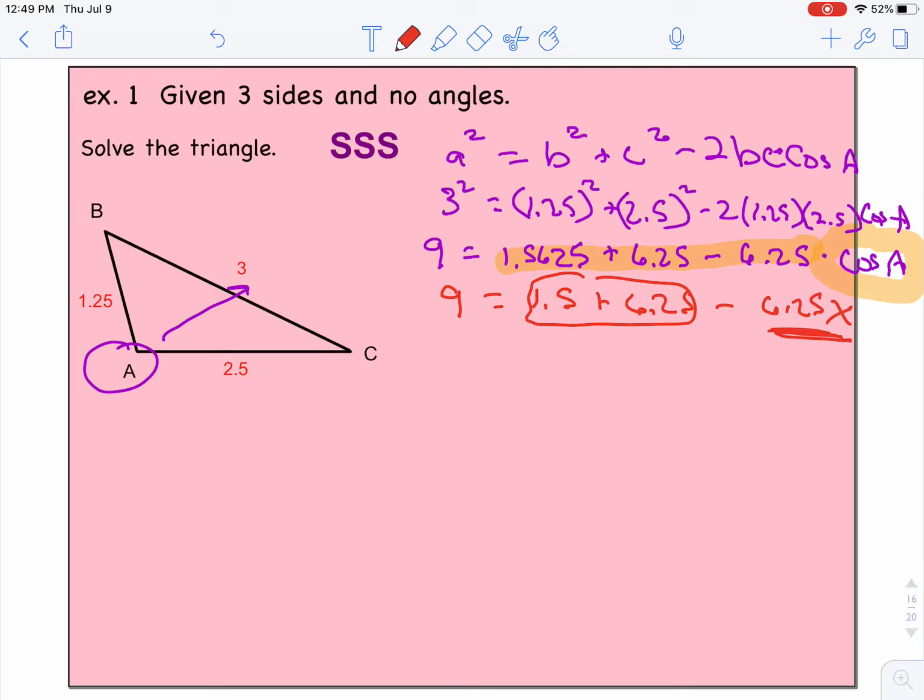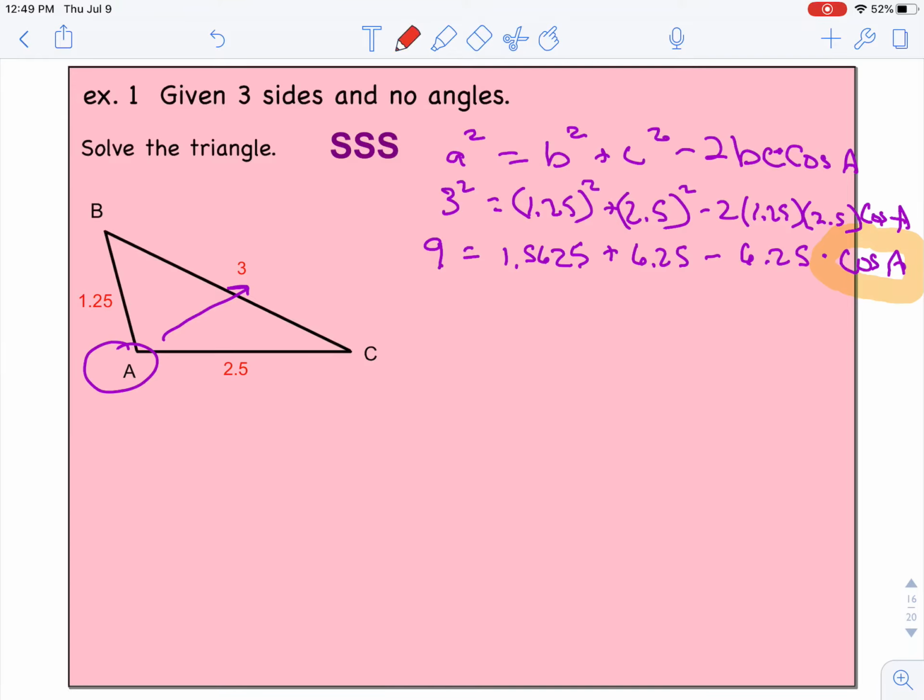You have to add these first right here, okay? You cannot do anything with this. That's going to end up being divided by negative 6.25, okay? So be careful about that.